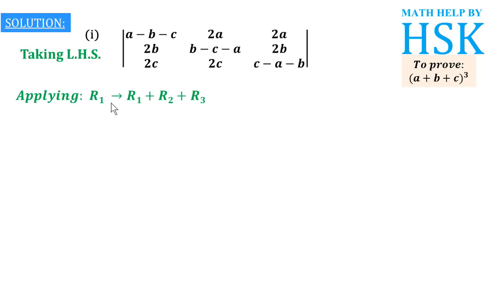I'm going to apply the property that R1 is changed to R1+R2+R3. That is, to the elements of row 1 I'm going to add the elements of the second row and the third row.